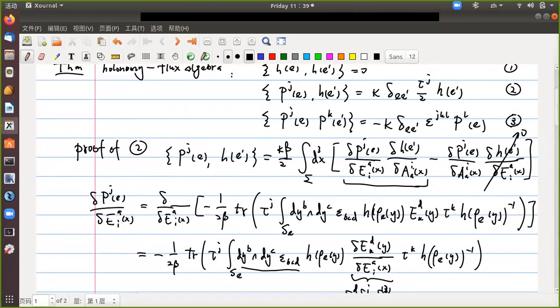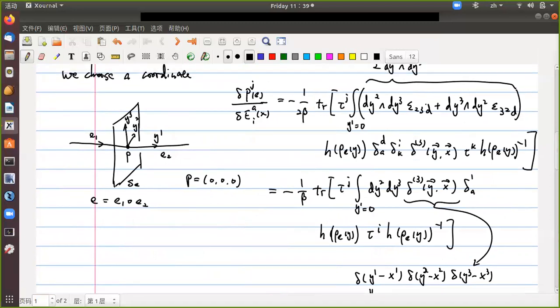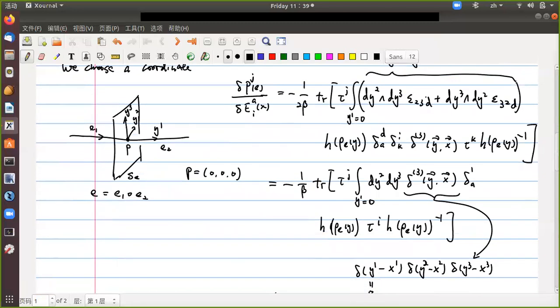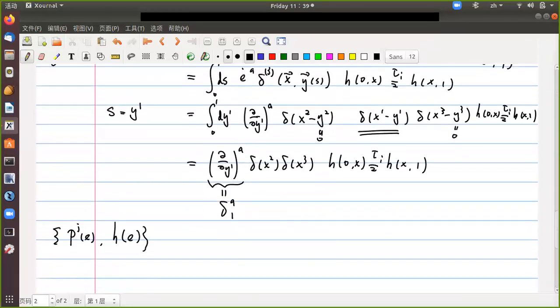You are taking the functional derivative of E(x) and A(x) at the same point x, but suppose they have no intersection. Holonomy and flux have no intersection, you don't find E and A at the same x. So we only need to consider that the surface and the holonomy have one intersection.